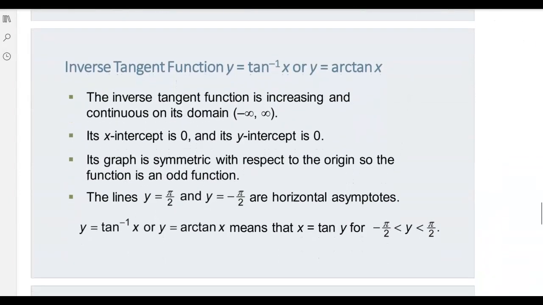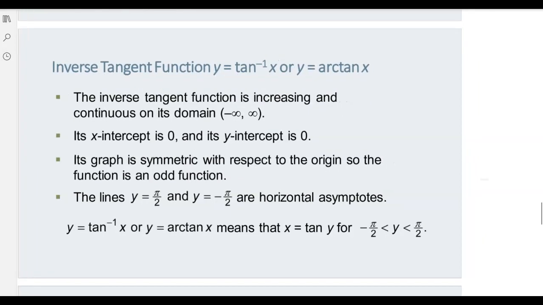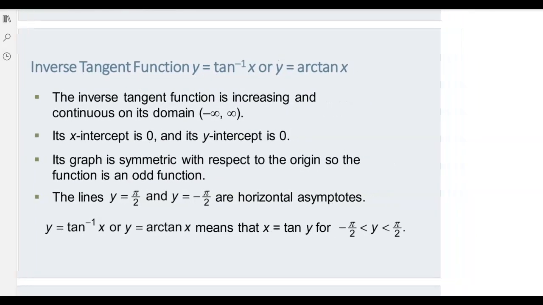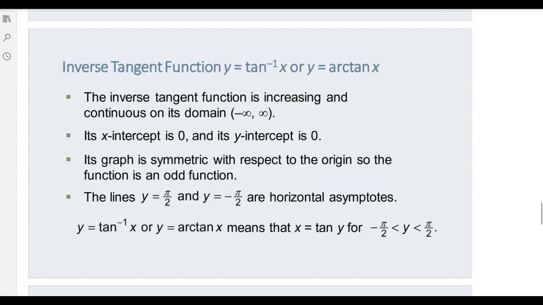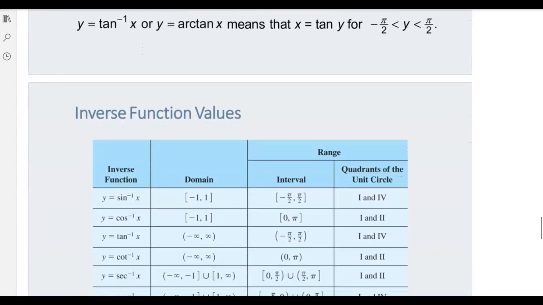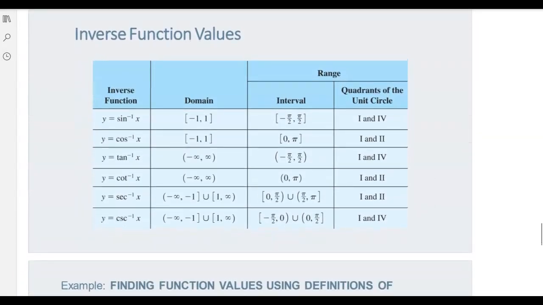So here's some general information about tangent. This chart, you can find it in your text. It tells you which quadrants of the unit circle the calculator will give you back for the key trig functions. And for this class, we're just going to focus on the first 3. In pre-calculus, we kind of talk about all of these.